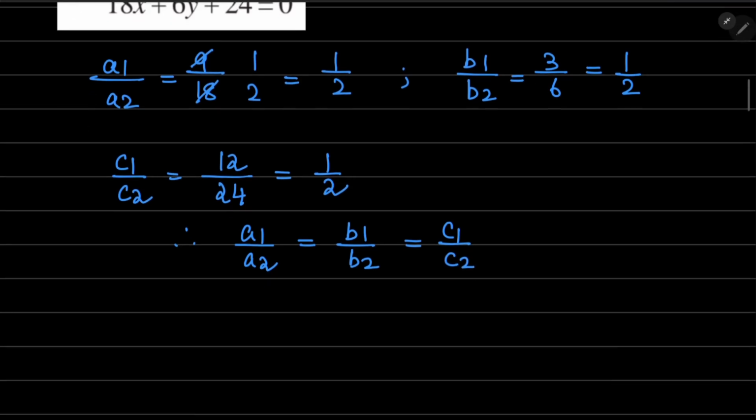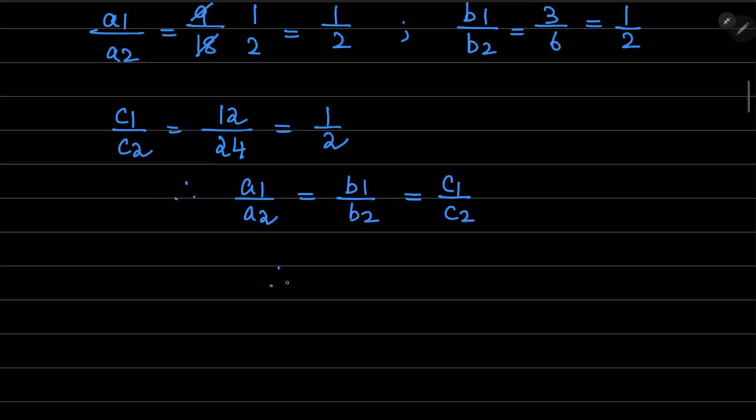Whenever all three ratios are equal, that means the lines are coincident, or they overlap each other. So for our second pair, we will say that the lines are coincident.